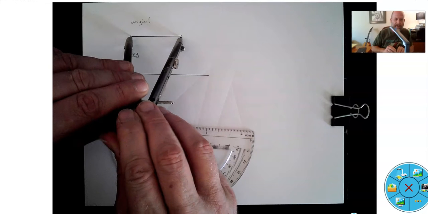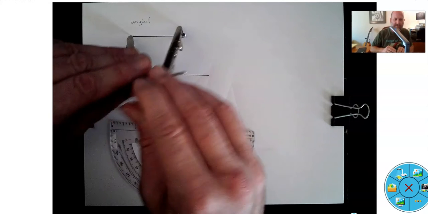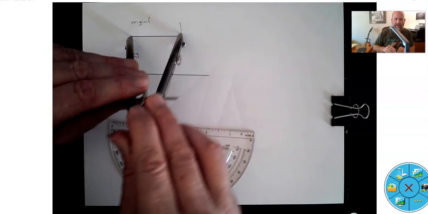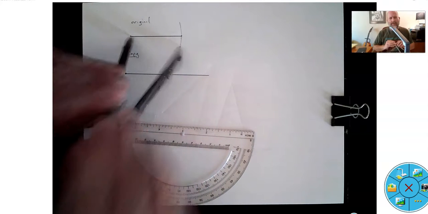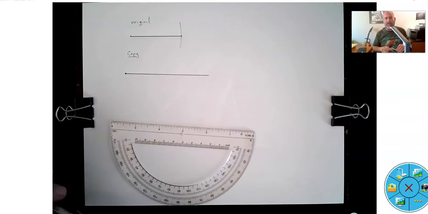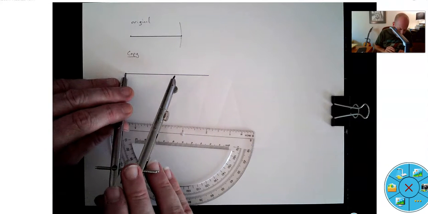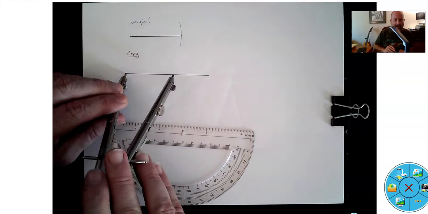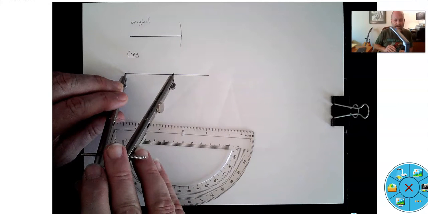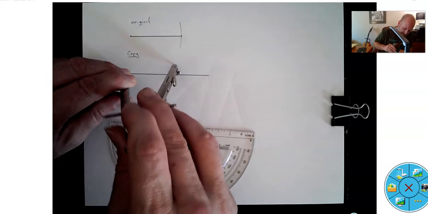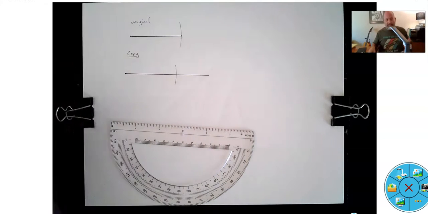I actually like to make a little stroke through here just to make sure that it's passing through the point. Okay, so once we've done that, we basically come over to this one and get the sharp end on the first point that we've marked, and then we just cut off the segment.